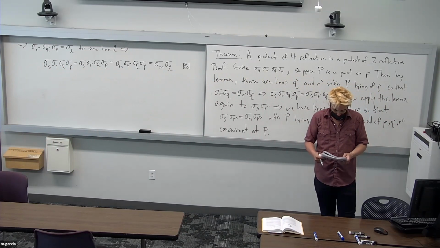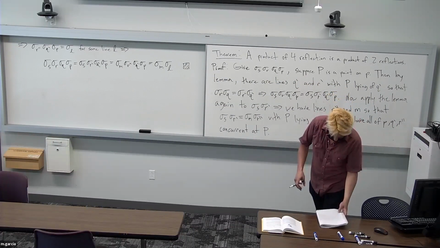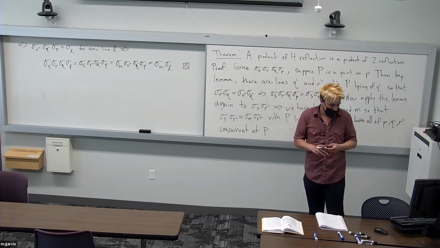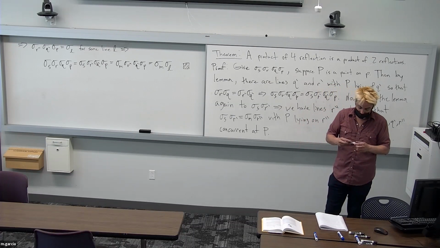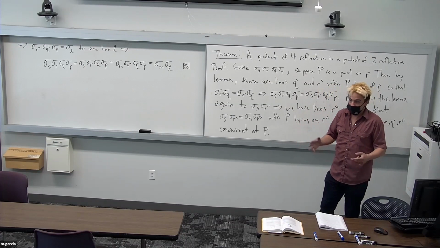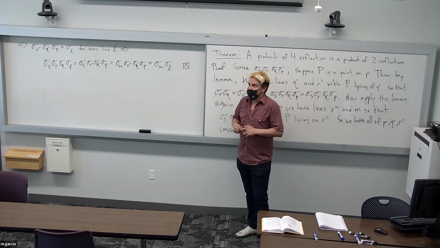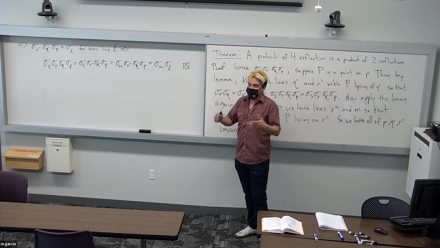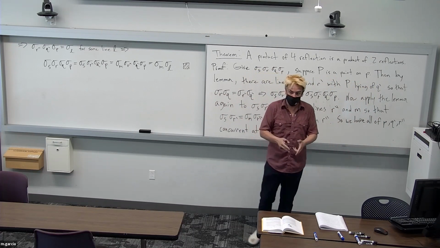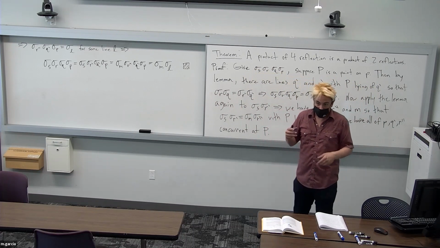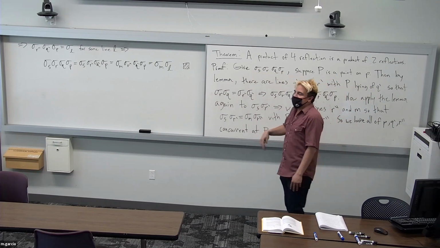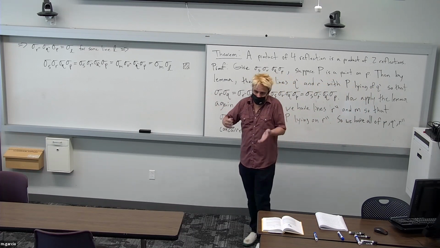So tomorrow, the first thing we'll do is show that this allows us to reduce any even number of reflections into a product of 2 reflections. It's kind of induction. We're not even going to do it, we'll just say that's true.